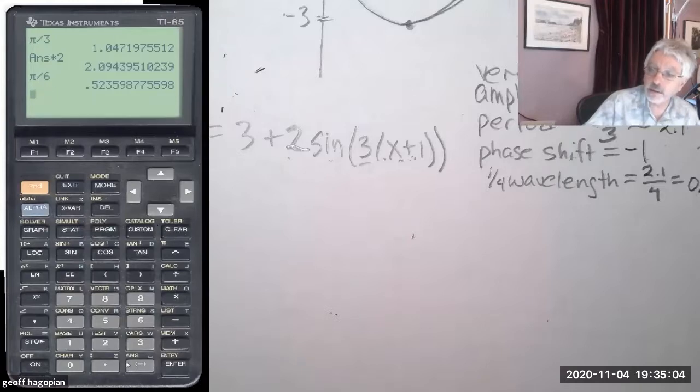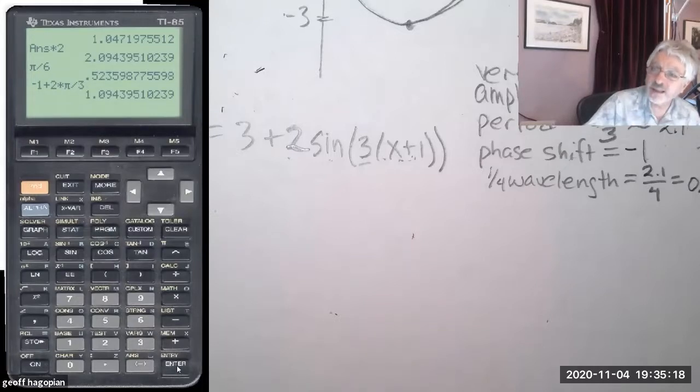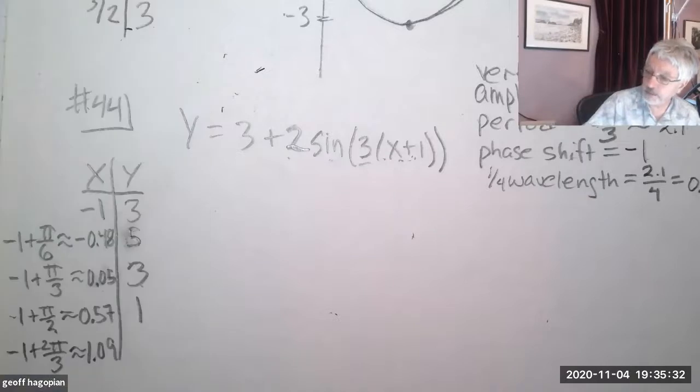Let's clear that. -1 is what I want here, plus one wavelength, which is 2 times pi divided by 3. I get 1.09 approximately, to the nearest hundredth, which maybe I should round to the nearest tenth. I don't know. But that's then one complete oscillation. So we're back at equilibrium, which is going to be 3.